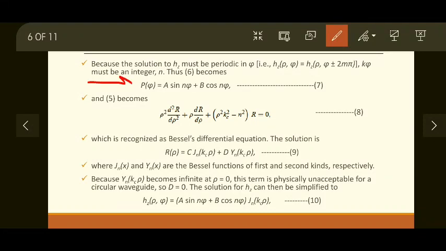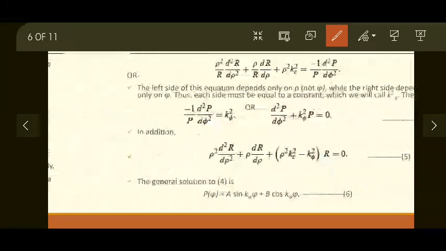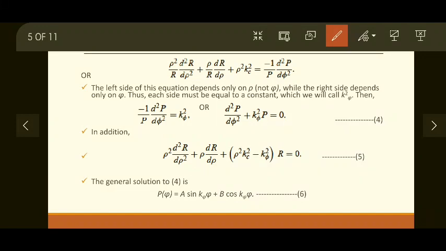So replacing k phi with an integer will give us P(phi) equal to A sin n phi plus B cos n phi, where n is now an integer denoting k phi. Okay, and then the equation for rho becomes, substituting k phi equal to n, k phi square will become n square.